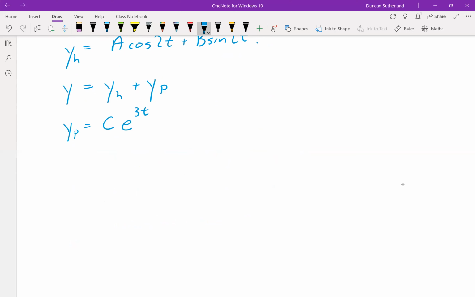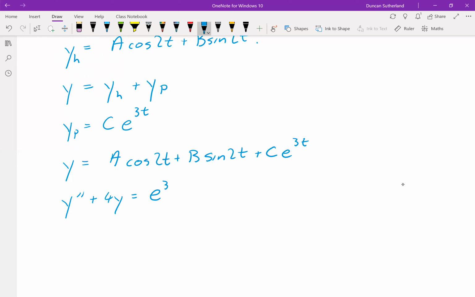What we're going to do is sub this y into our equation. So we need y equals a cos 2t plus b sine 2t plus c e to the 3t. Remember that our equation is y double dash plus 4y equals e to the 3t.